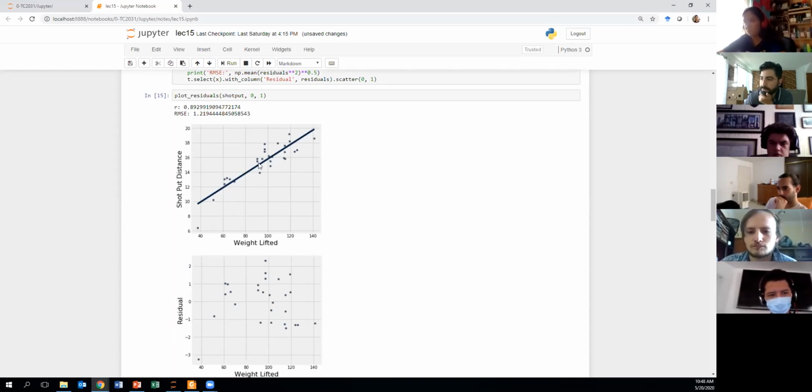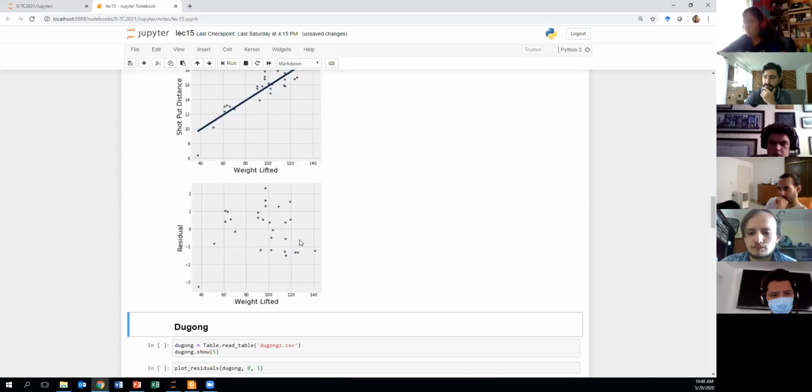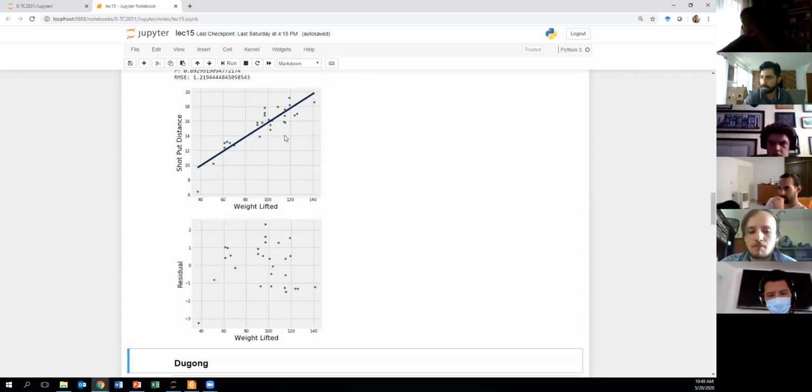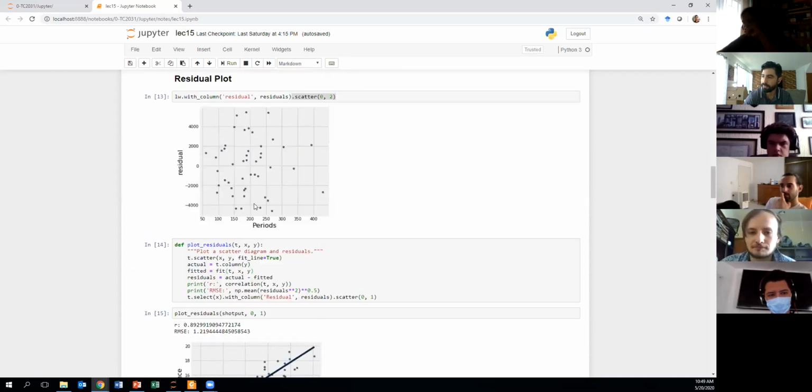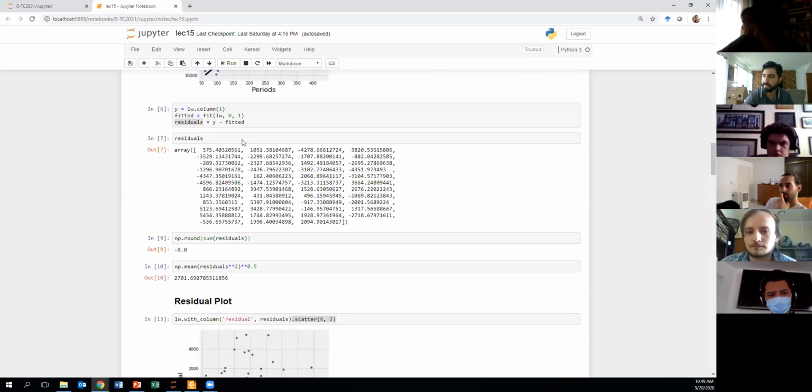This is your zero value. If you plot the scatter plot for the residuals calculated from the shotbot data, you can see it's different from what we saw for a linear relationship.